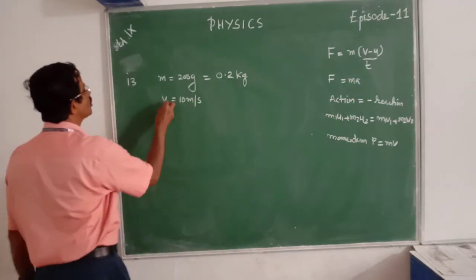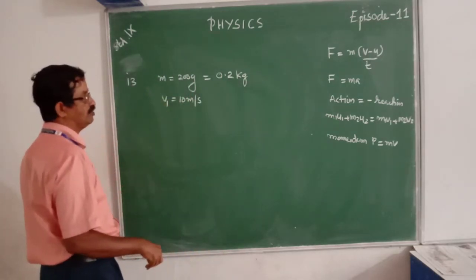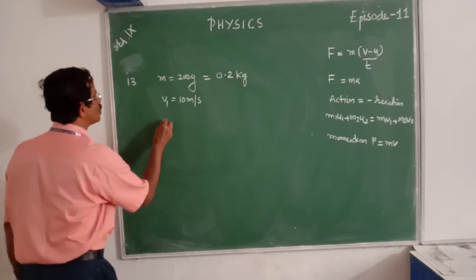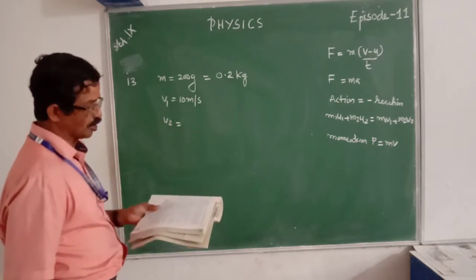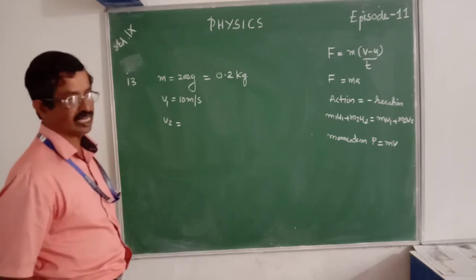Suppose it is going with a velocity v1 and returning with a velocity v2 at a speed of how much? 5 meter per second.